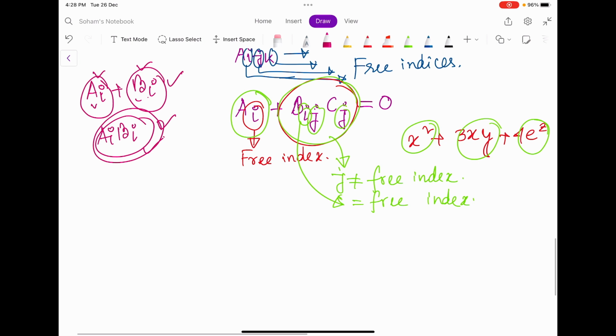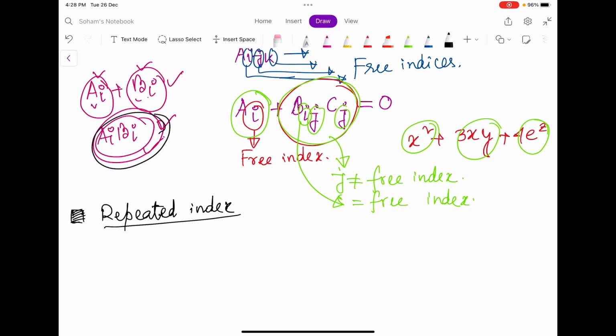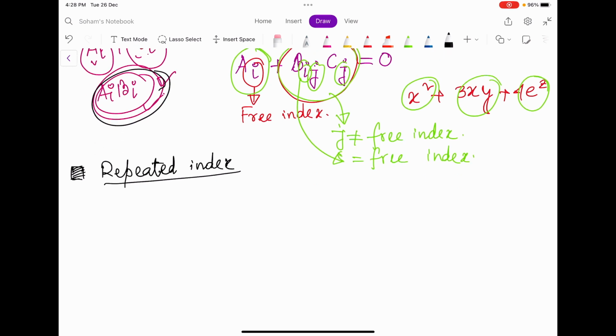Okay, so now let us come to the concept of the repeated index. I was saying that this is not a free index, and I will tell what that is. Let me take the same expression, ai plus bij cj equal to 0.